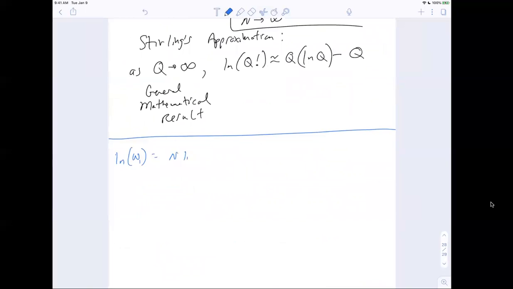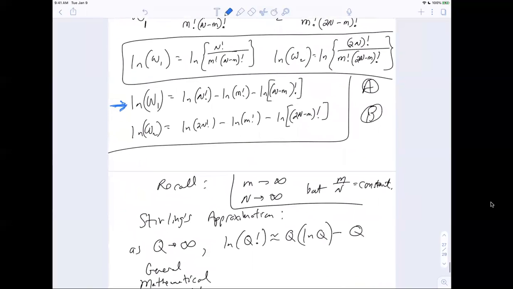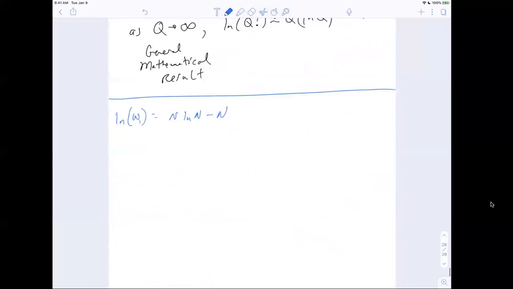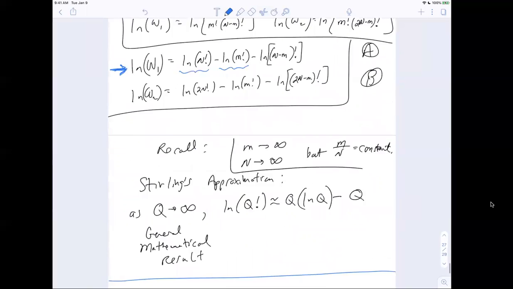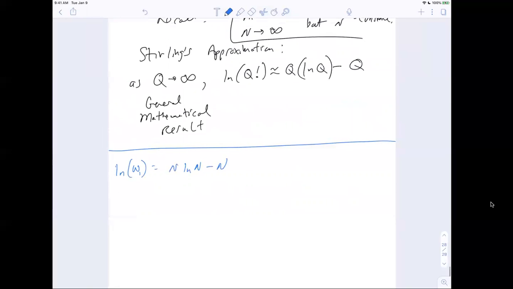Then we have this term, which is little m, and it's a negative, so there's a negative sign there. So we have to have this times m natural log m minus m. If I make a mistake, let me know.